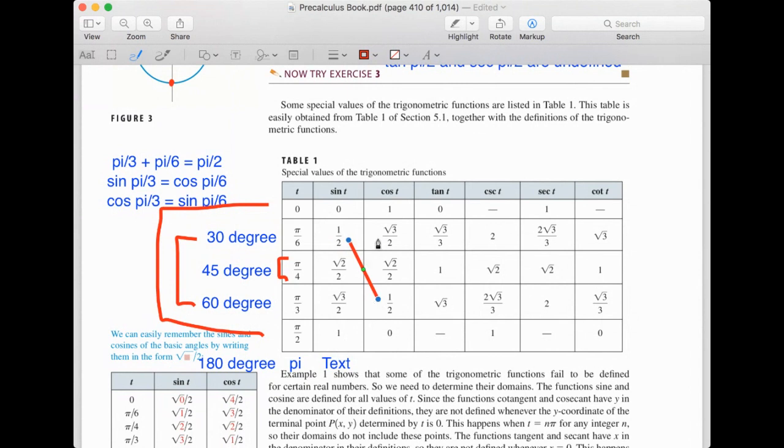And cosine pi over 6 equals sine pi over 3. You see those two equal to each other because they're complementary angles. Then once we know sine and cosine, we can derive tangent, cotangent, secant, cosecant, by using the definition, by using the relationship.